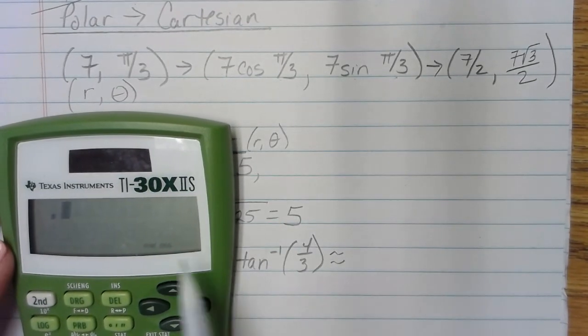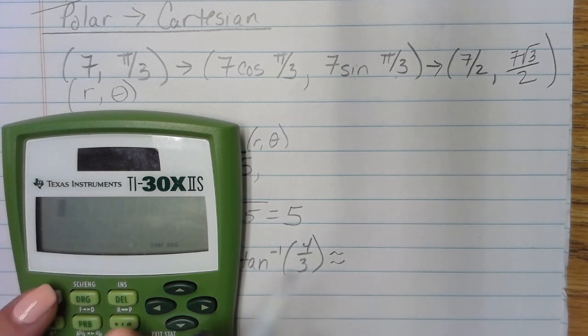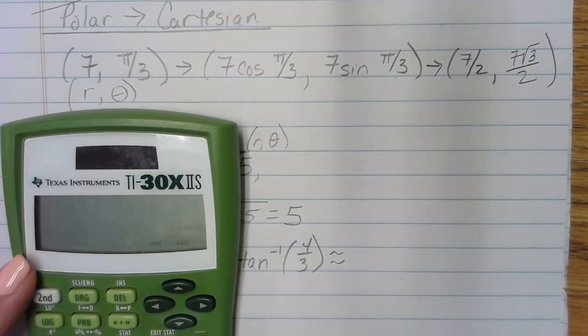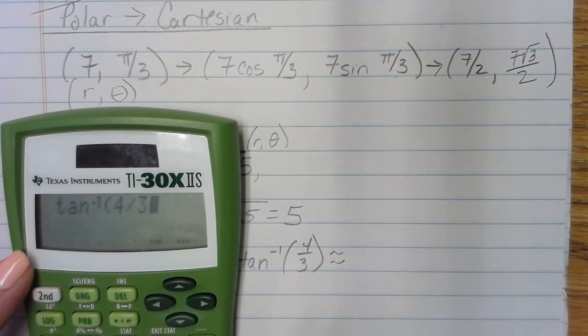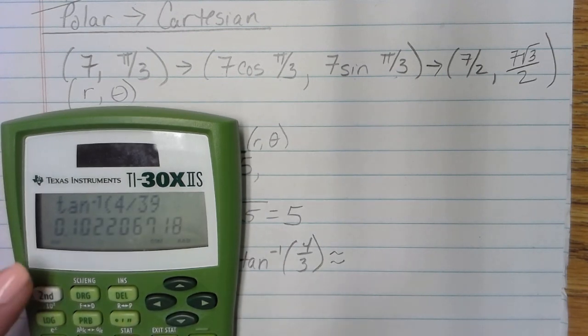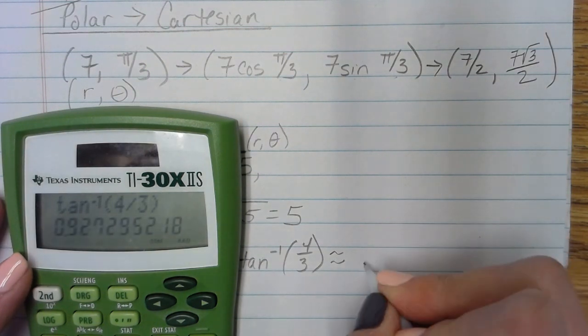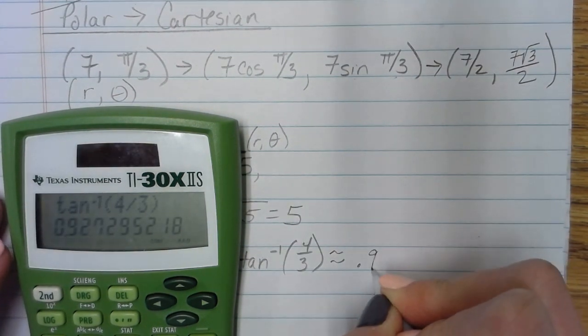My calculator is in degrees, so I need to go to radians. Inverse tangent of 4/3, and it's 0.927.